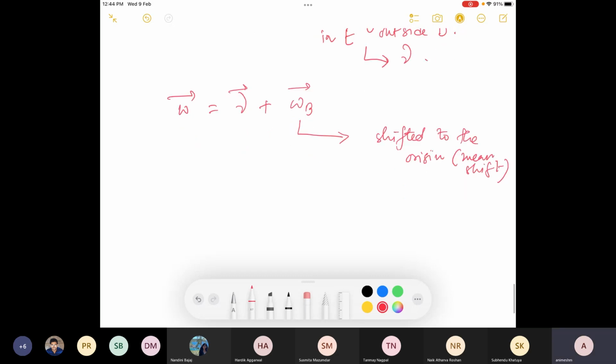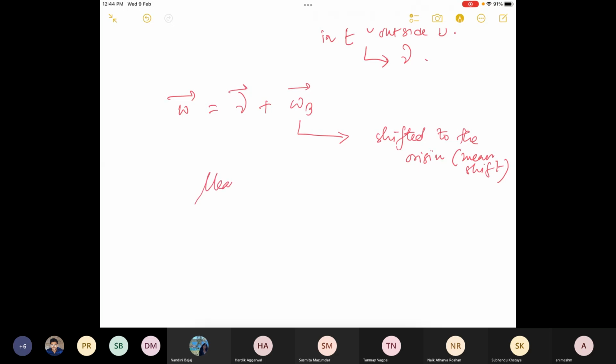So within the bias subspace, what is the mean? Or within the gender subspace, what is the mean? Mean. Mu B. Yes.